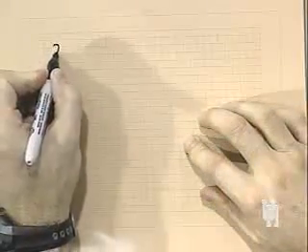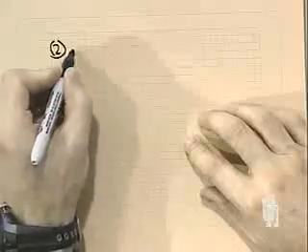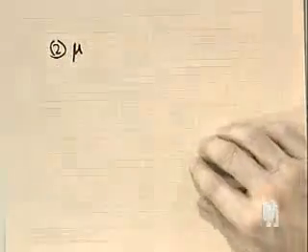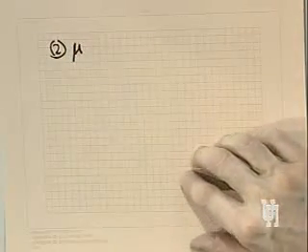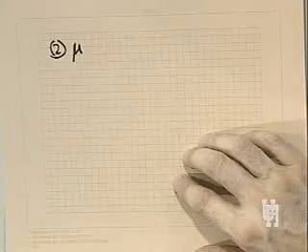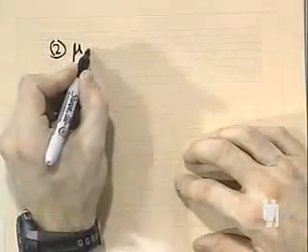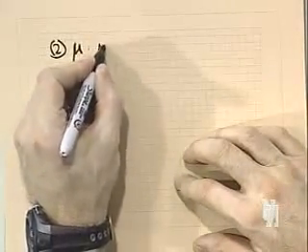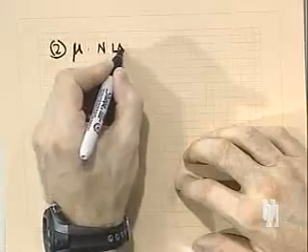Let's look at situation number 2. Situation number 2 is once again one in which you're estimating mu. That was the case in the first situation. Similarly, n is large.